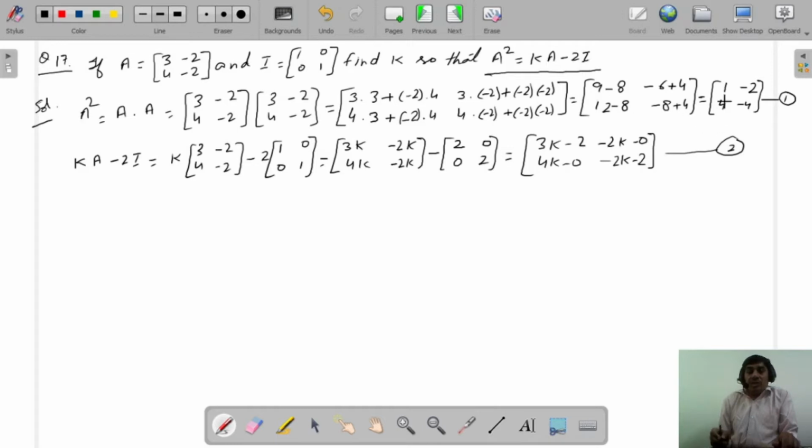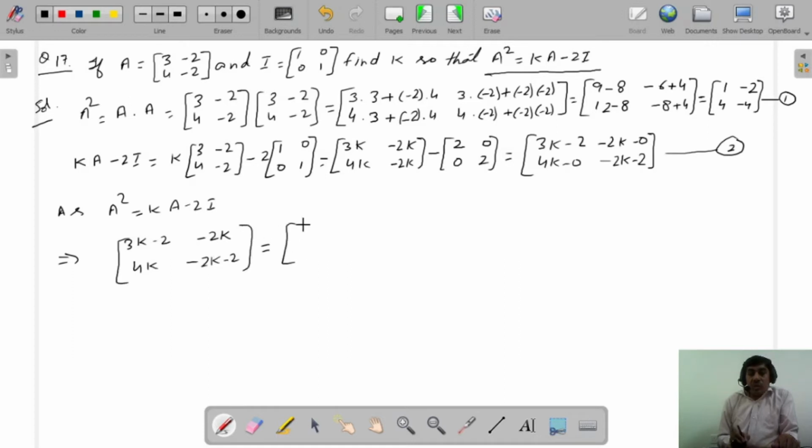So by using equation first and second, A square is equal to K into A minus 2I, this implies [3K minus 2, minus 2K; 4K, minus 2K minus 2] is equal to [1, minus 2; 4, minus 4].